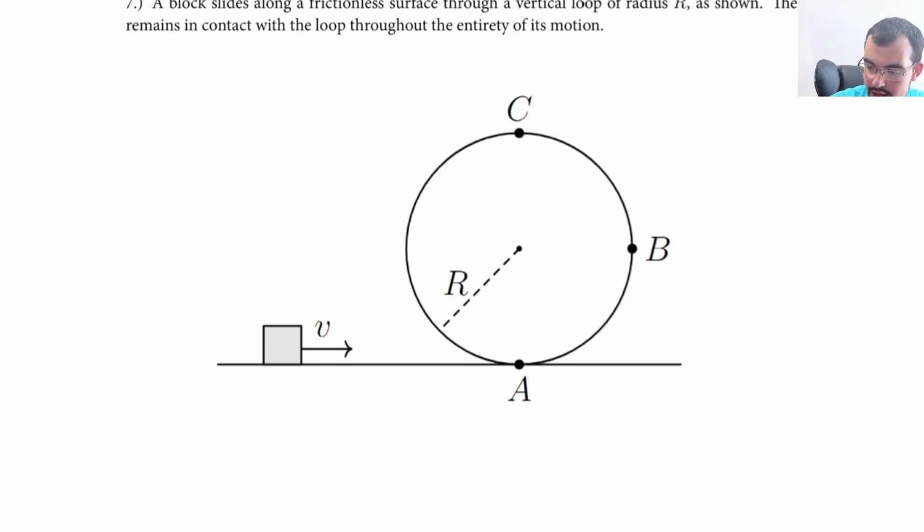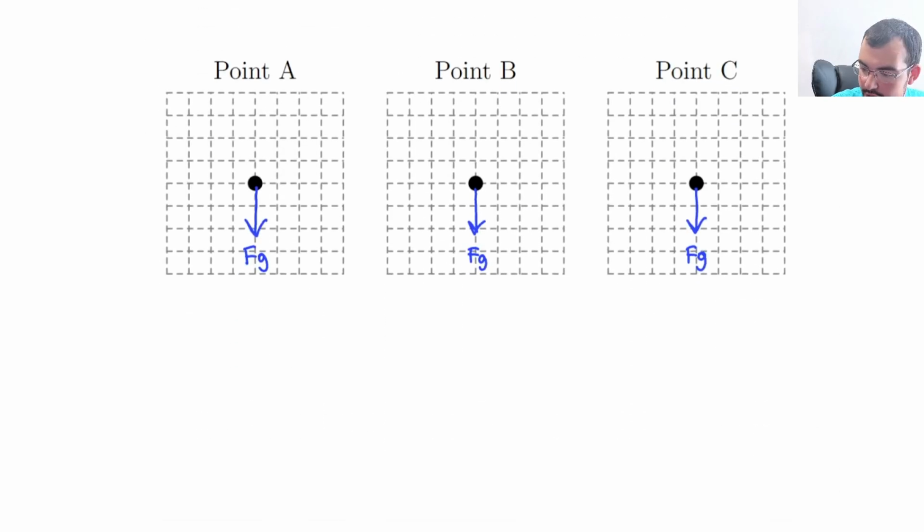We know that the center of the circle is up from point A and below point C, so the net force does have to point towards the center of the circle. We'll deal with case B: there will be a centripetal force to the left. So the easiest one to do is point B, because we don't have to compare anything. We just know there's a normal force that way.